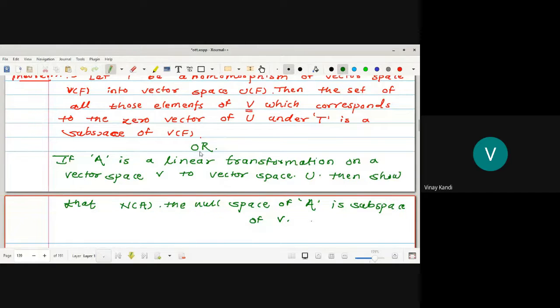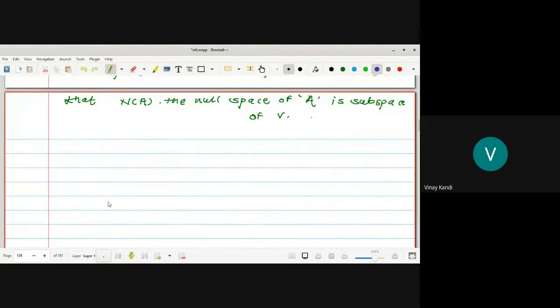Now look at the proof. If you have to prove that one set is a subspace of a vector space, there is a necessary condition to show this. In the last lecture we saw that. What is a subspace? A subspace is nothing but a subset of the vector space which is itself a vector space.